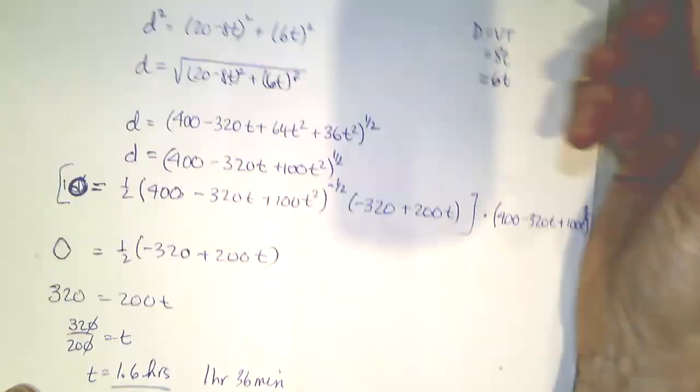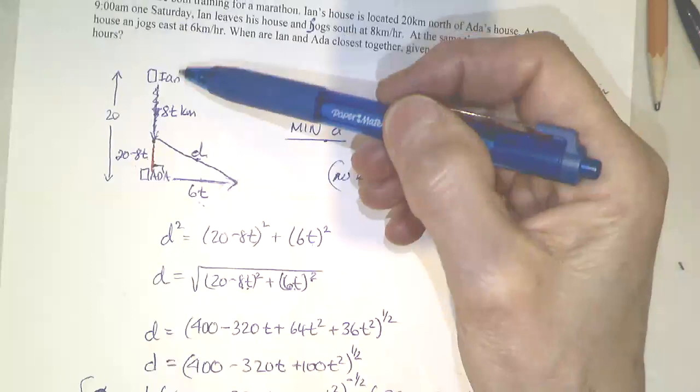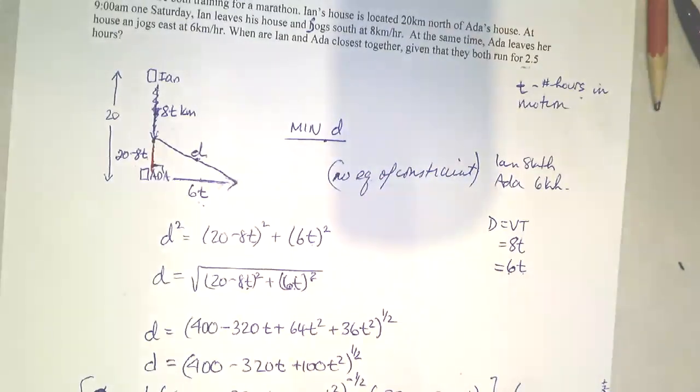You can figure out the exact distance that Ian would have run by going 1.6 times 8. The exact distance that Ada would have run would be 6 times 1.6.